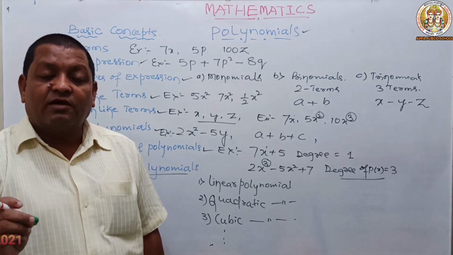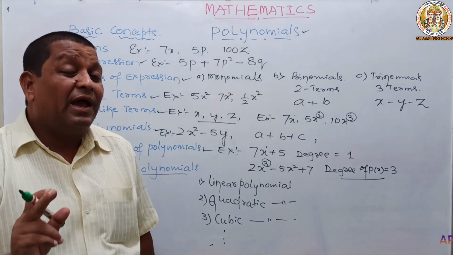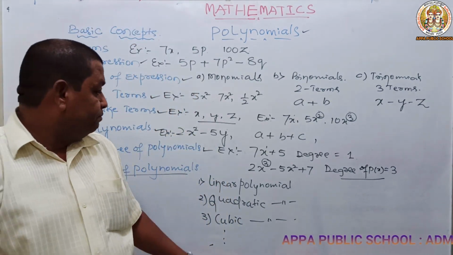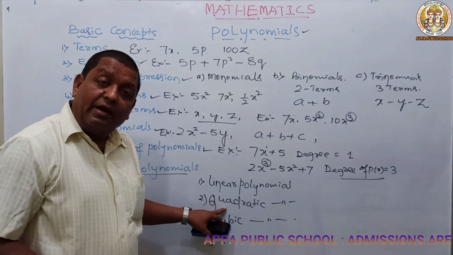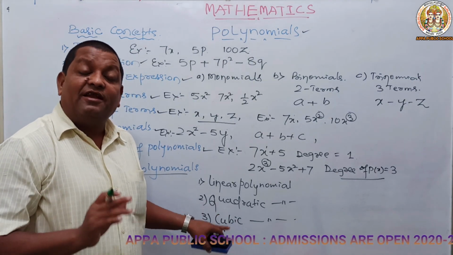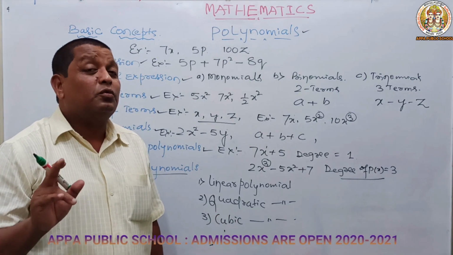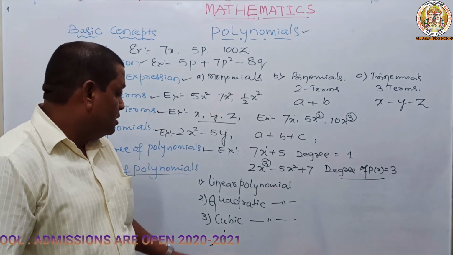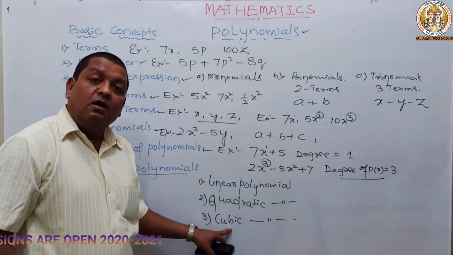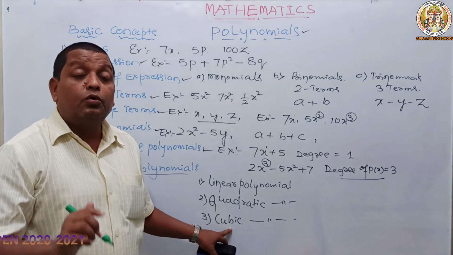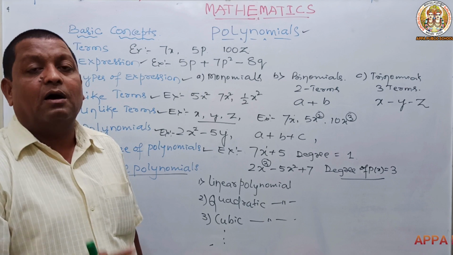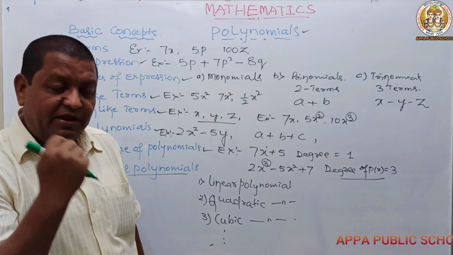A linear polynomial is a polynomial whose variable has first degree. Quadratic polynomial. It is a polynomial whose variable has second degree. Cubic polynomial. It is a polynomial whose variable has third degree or power 3 or degree 3.